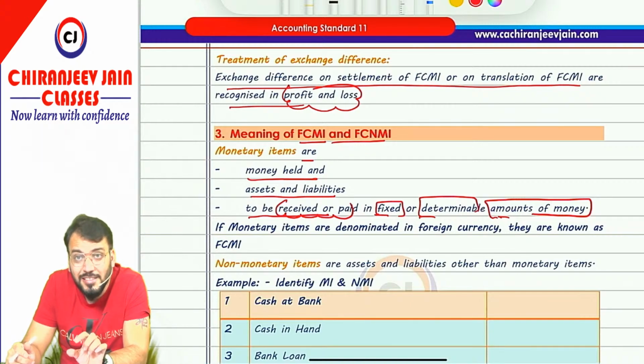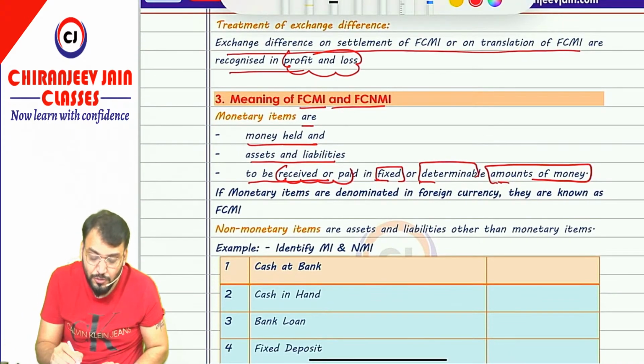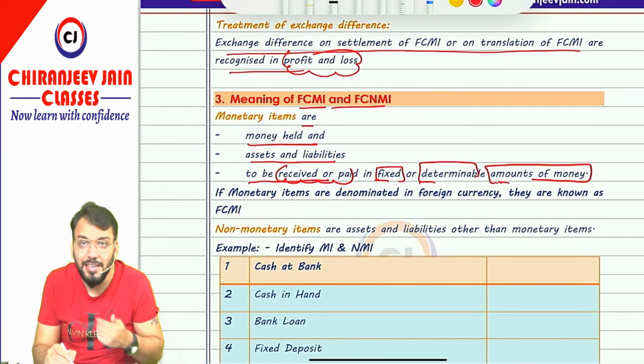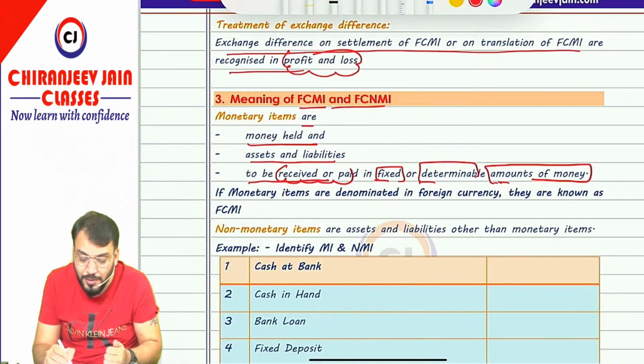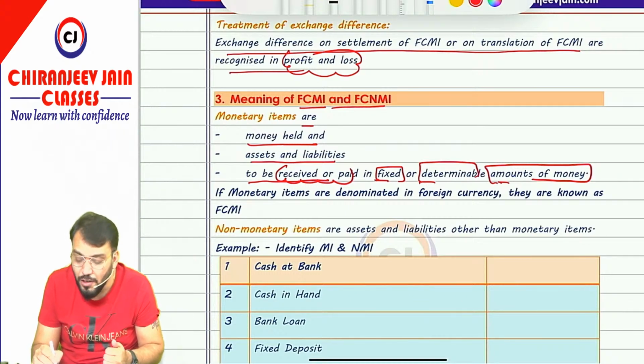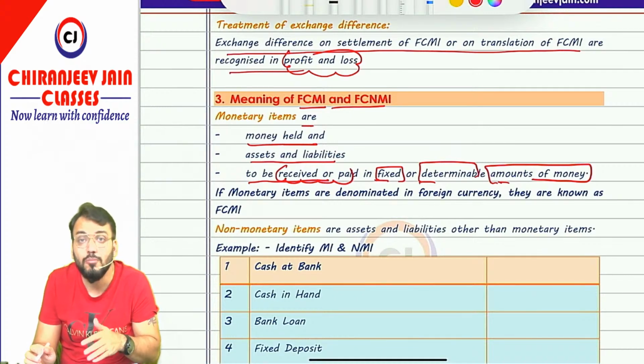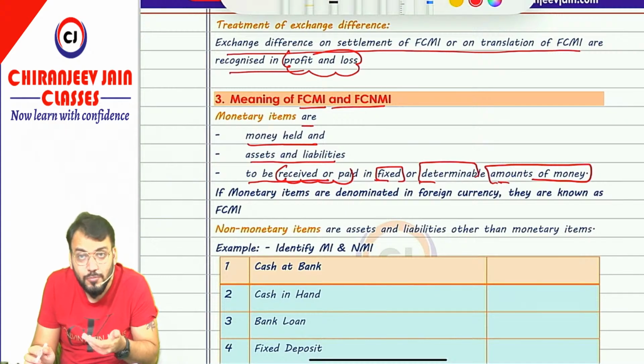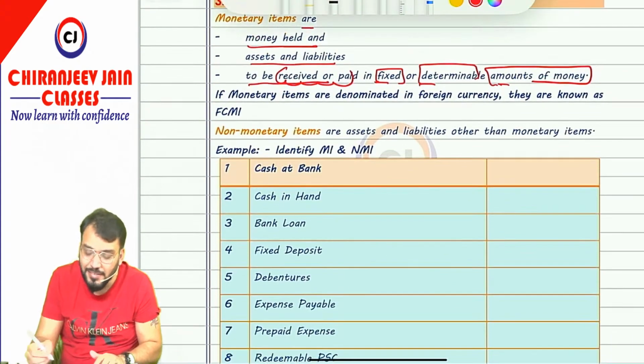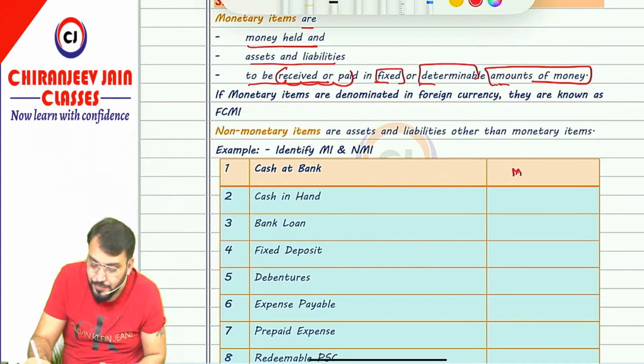If the amount is to be received or paid in cash or checks, it becomes a monetary item, and if it is to be settled in foreign currency, it becomes a foreign currency monetary item. Understood? Can you repeat with me? Monetary items are money held, and assets and liabilities to be received or paid in a fixed or determinable amount of money. What are non-monetary items? Those which are not monetary items. For example, cash at bank will be a monetary item.